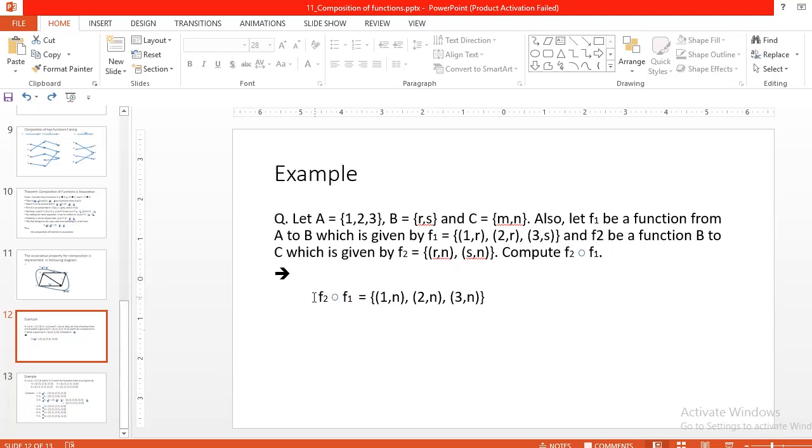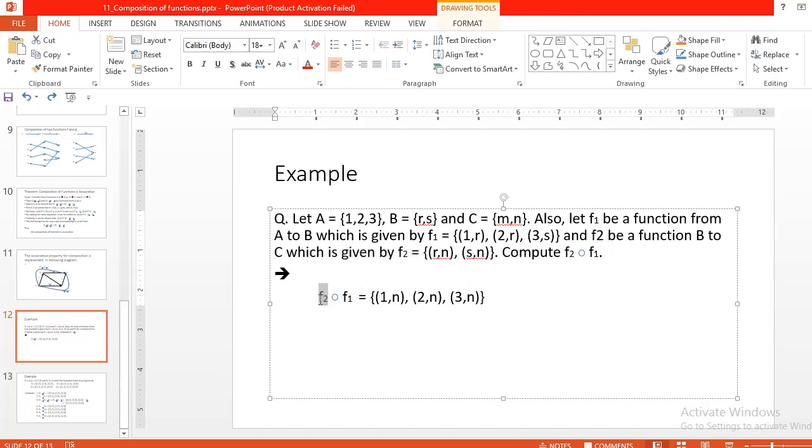To find the composition of these functions, we have to consider first f1, and after that f2. In the earlier PPT, I said that the composition of functions is nothing but the relative product. So this term is very useful here, because to find the composition of the functions, we have to form the relative product. In f1, the first pair is 1r. See here, in this first pair, the domain is 1 and the range is r.